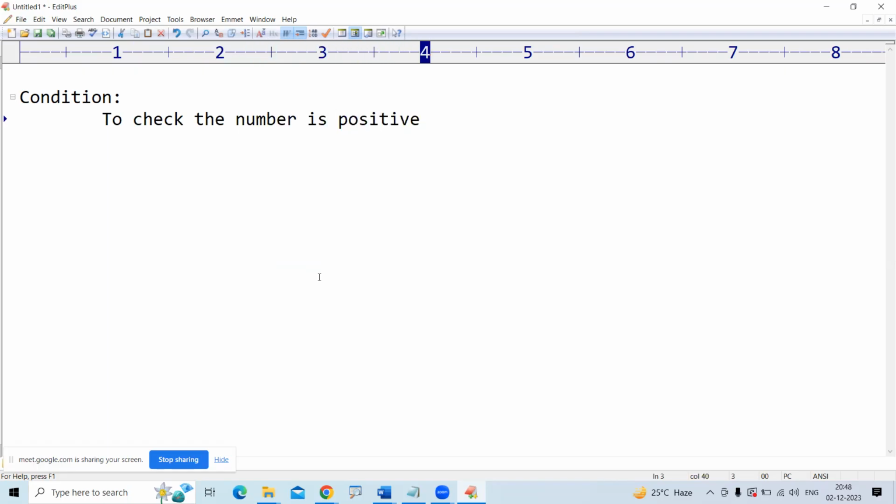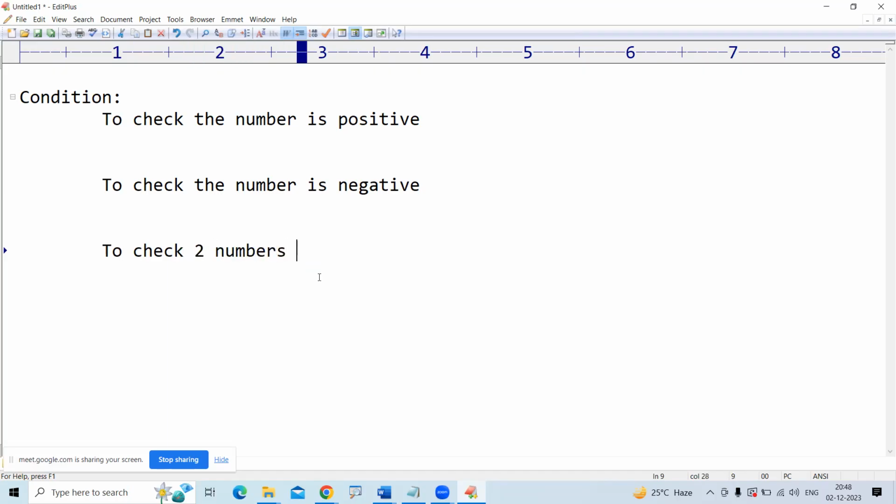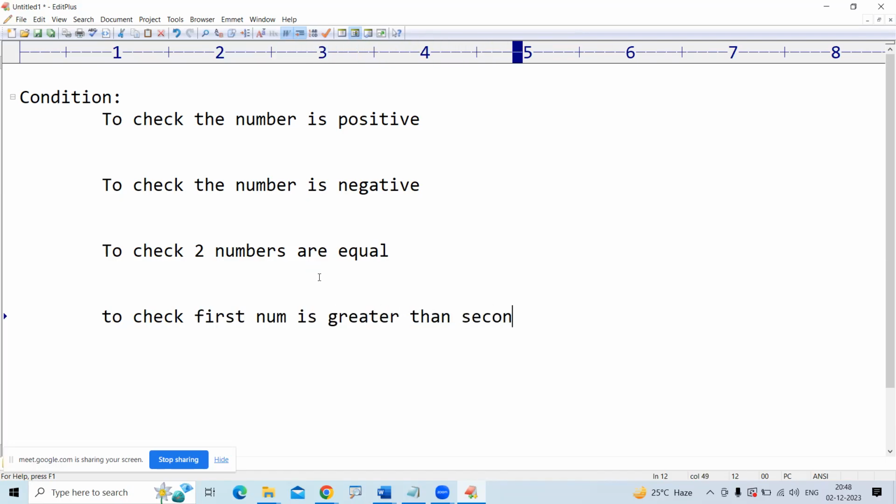Next, write the condition to check the number is negative. Write the condition to check two numbers are equal. Write the condition to check the first number is greater than the second number.